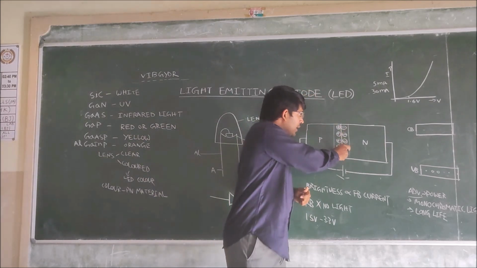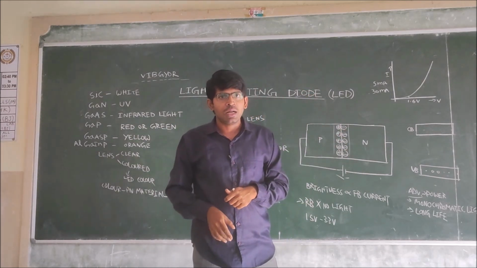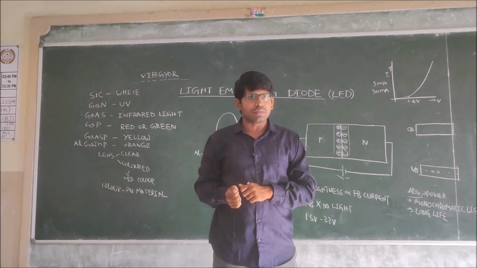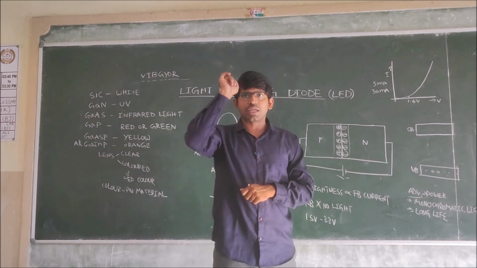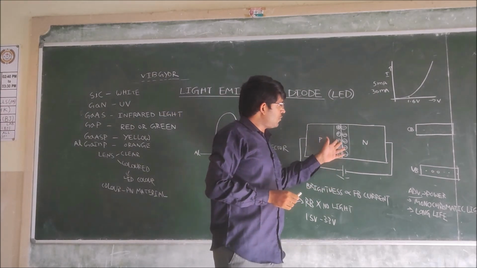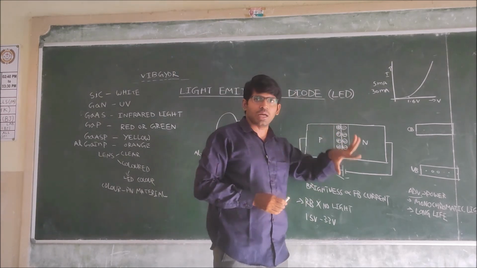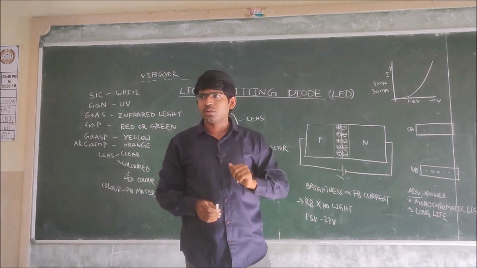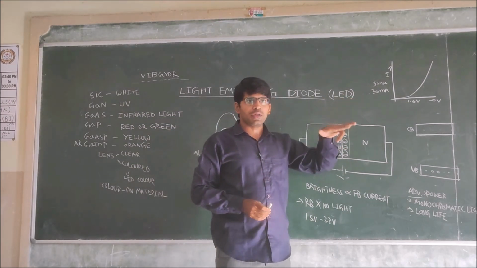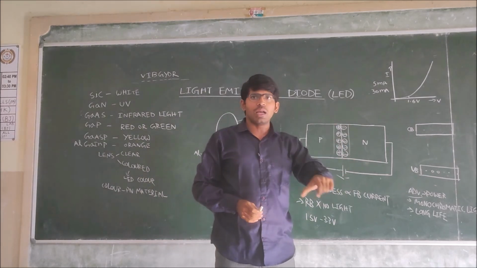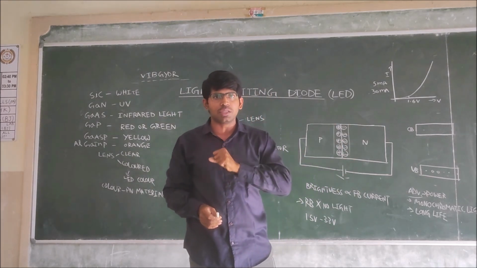This is also called the space charge region, because in that region there are no free charge carriers. There are no moving charge carriers. Here we are observing only immobile charged ions. So this is nothing but an insulator. We are calling this insulator the depletion region, or the space charge region.